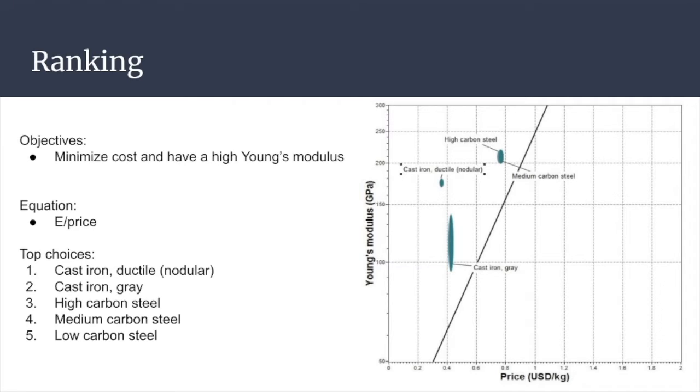My objectives from the rankings were to minimize cost and have a high Young's modulus. The equation of the slope was Young's modulus over price. The top choices were cast iron ductile nodular, cast iron gray, high carbon steel, medium carbon steel, and low carbon steel. The winning material was cast iron ductile nodular.